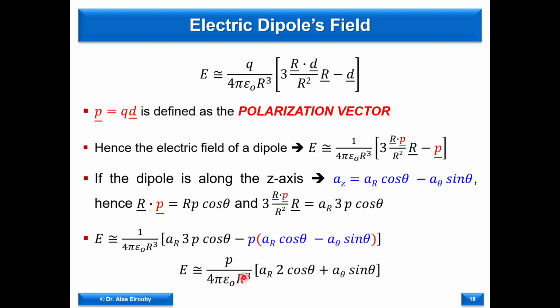So the electric field for a polarized electric dipole has this expression here. It has a component in AR and a component in A theta, and this is the expression. As I said, you don't need to memorize it, but it's very important that you are able to redo this calculation and come up with this expression yourself.